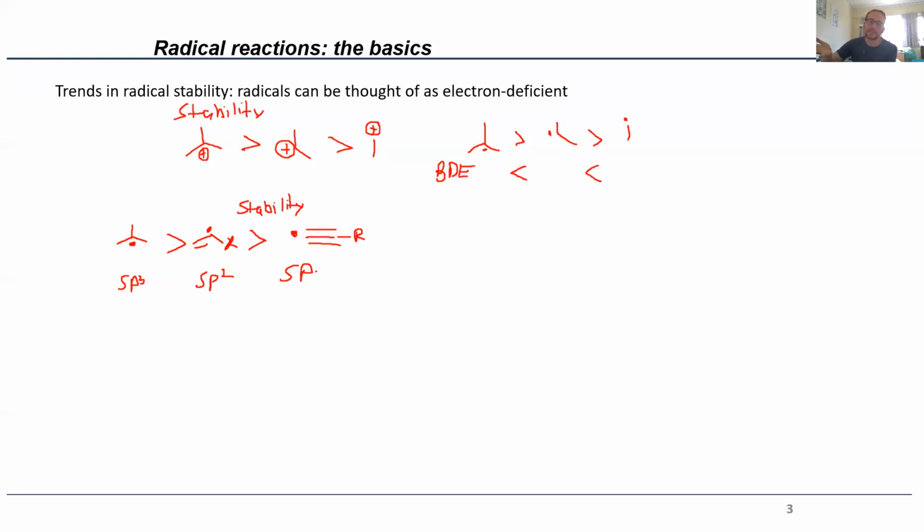And so a hybridization argument here for their stability is that with increasing s character, the electrons in those orbitals lie closer to the nucleus, right? Because the s orbital is around the nucleus. And that means that the more s character you have, the more electronegative it is, because it's closer to the nucleus, which is where the drawing of electron density happens, right?